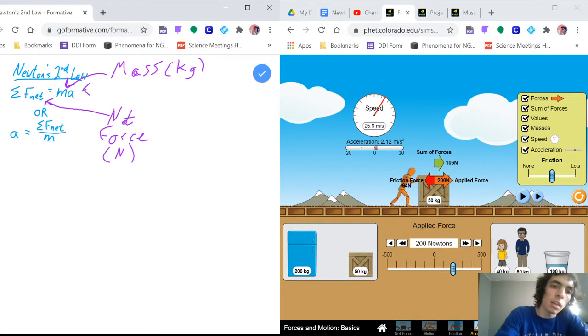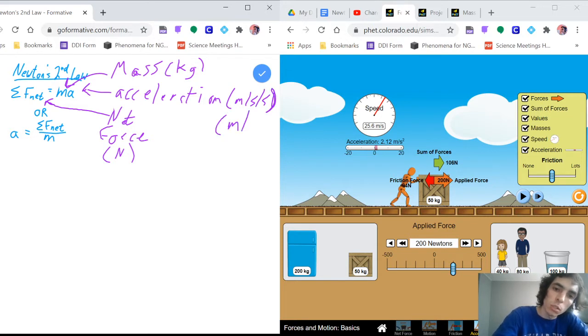And then the a is the acceleration, measured in meters per second squared or meters per second. So I'll put both of those equivalent units right here. There's no conversion needed between meters per second and meters per second squared. They're the exact same thing.